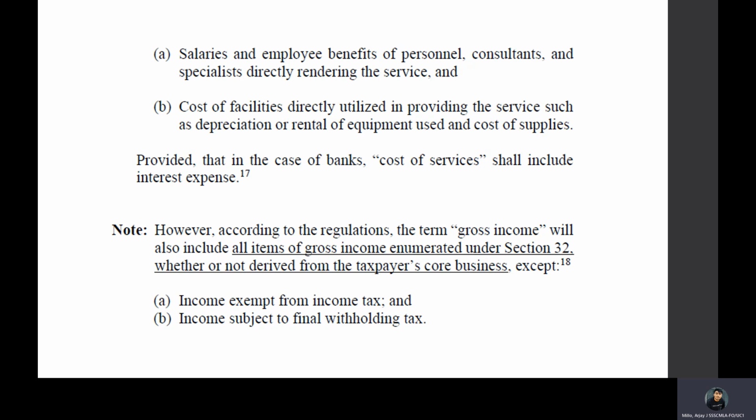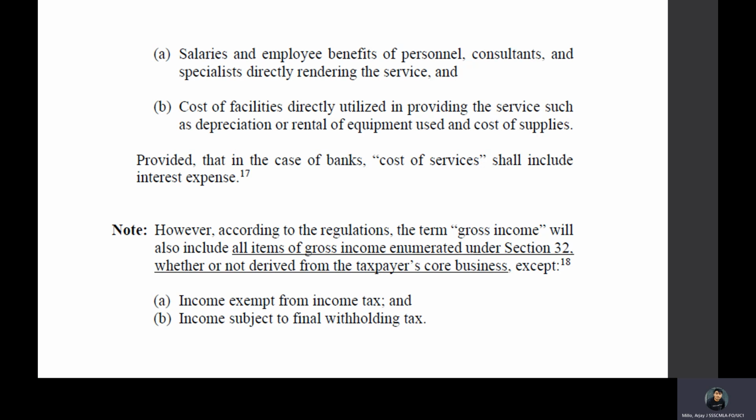However, please note that according to the regulations, the gross income will also include all items of gross income enumerated under Section 32 of our tax code, whether or not derived from the taxpayer's core business. Kaya paulit-ulit kong dinidiscuss, when it comes to additions to gross income or yung income ni taxpayer, regardless kung directly registered siya dun sa core business niya, i-include natin.